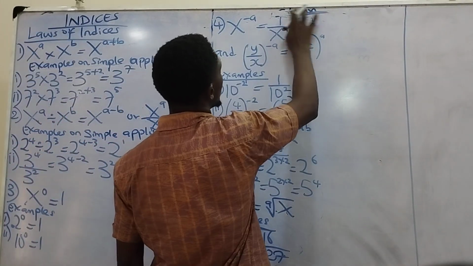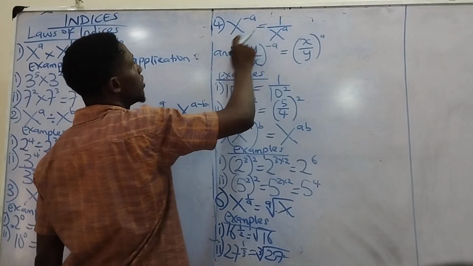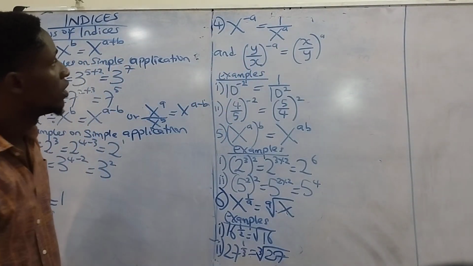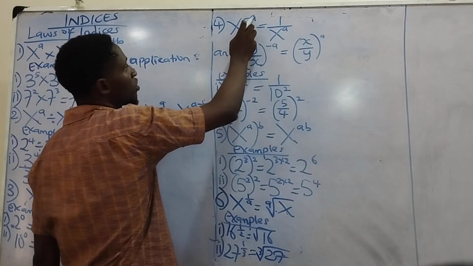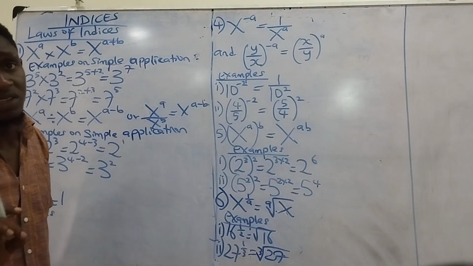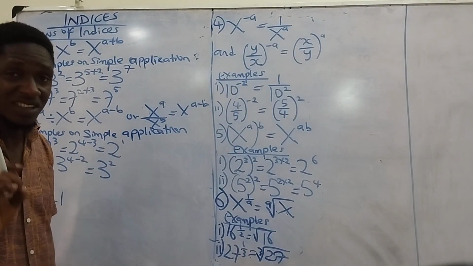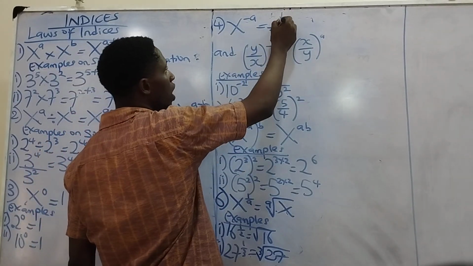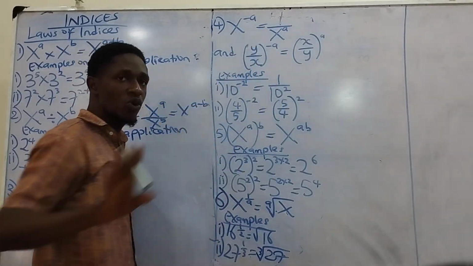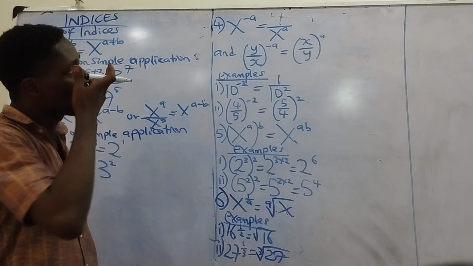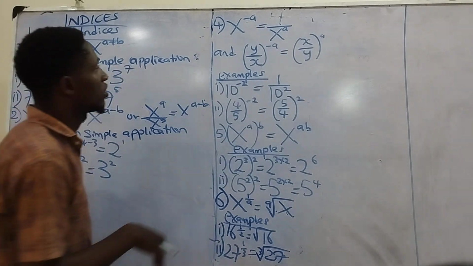Then the next one we have is the negative index law. When we have x raised to the power of minus a, once you want to remove the negative power, index or exponent, introduce 1 over, and the negative will go out. If you want to bring it up, it will take minus.